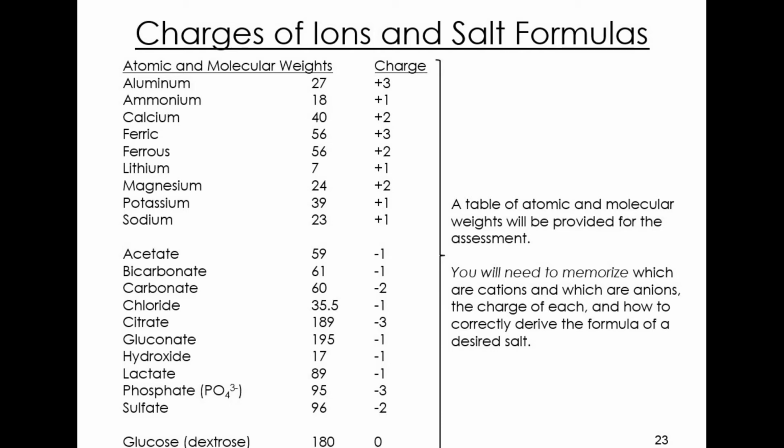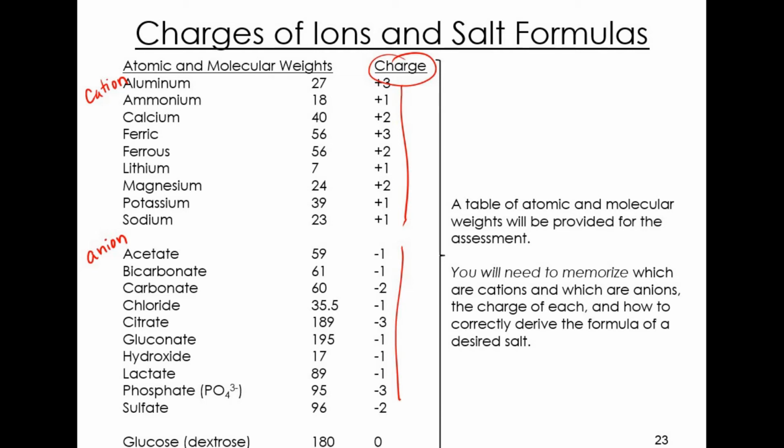Remember, those positively charged ions are referred to by the term cation, and the negatively charged ones by the term anion. So you won't be told which ions are cations and which are anions, and you'll not be told what the charges are on the ions, or how to use them to derive the molecular weight of a salt.